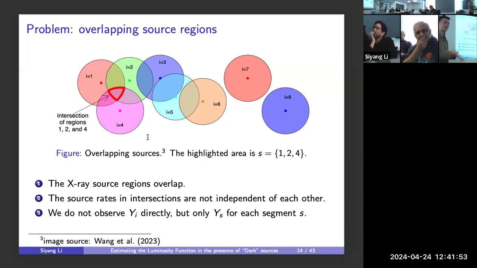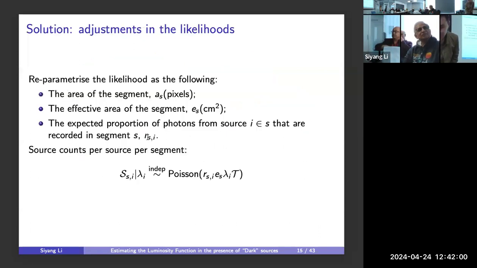So that imposes some new statistical challenges for us, but we can simply reparameterize the likelihood.